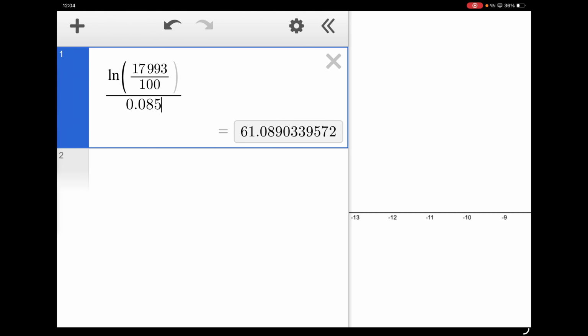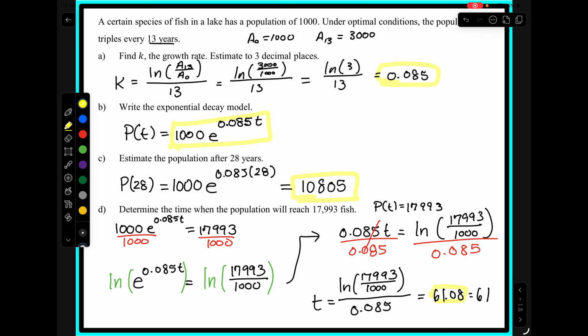So we get 61.08, so 61 years, or whatever the unit of measurement. Here you have your answer for part D. 61.08 is acceptable. You could just estimate it to 61 years. So it's going to take 61 years to get from 1,000 to 17,993 fish.